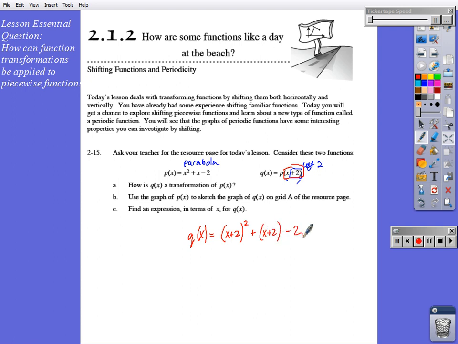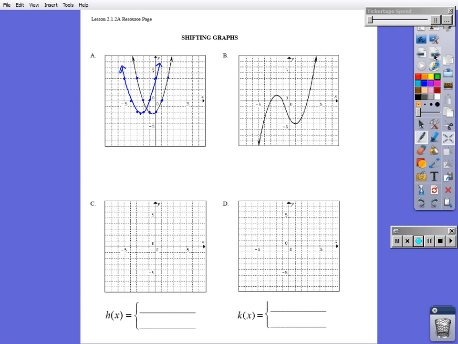All I did here was substitute my shift of X plus 2 in place of the X's from my original function. Now I could simplify that if I wanted to, because obviously this plus 2 and this minus 2 would cancel each other out. I could square this binomial, but I personally wouldn't do that because I like this version of it. It shows me what the shifts are staring me in the face. So leave it there. Consider it graphing form still.